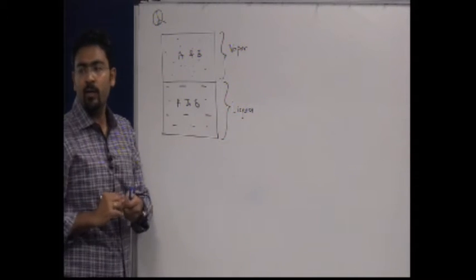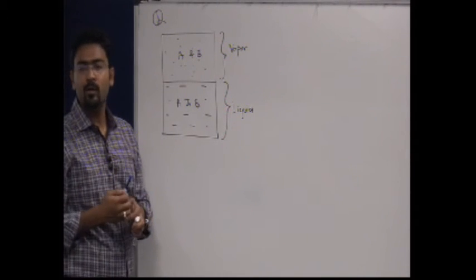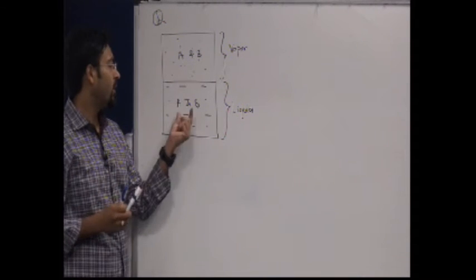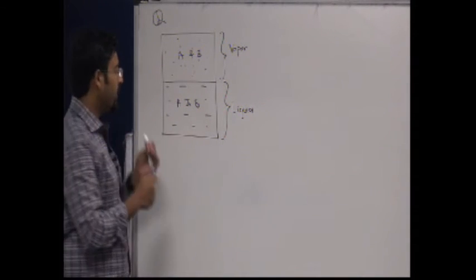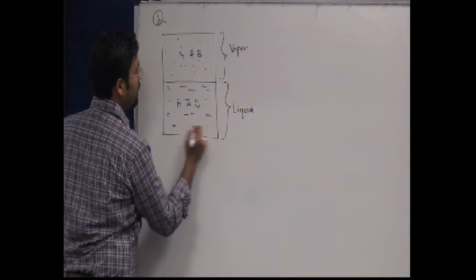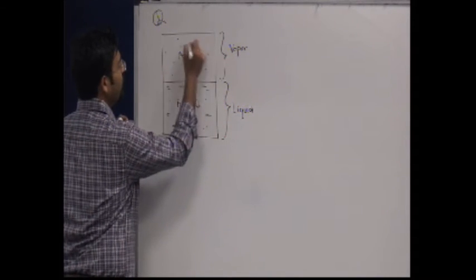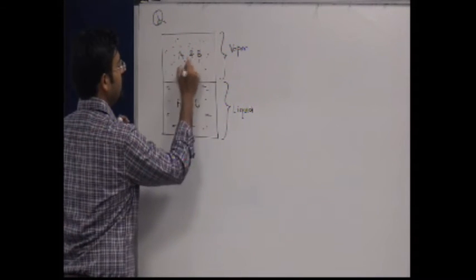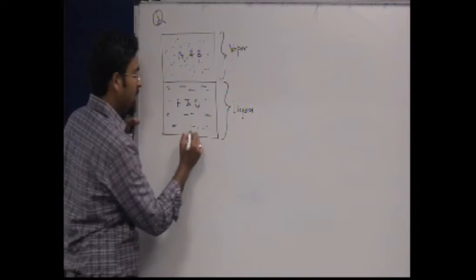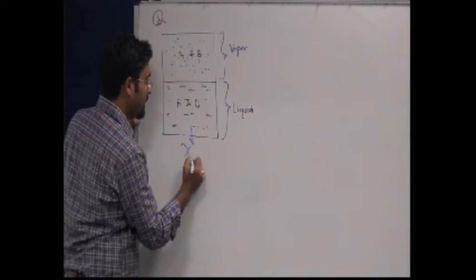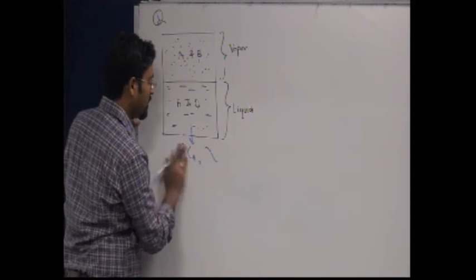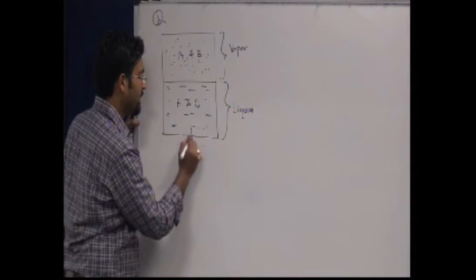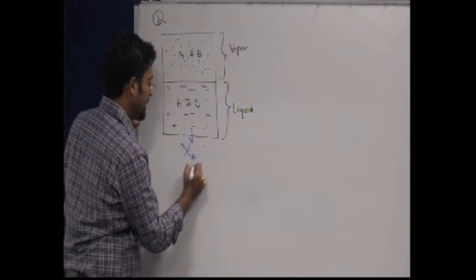So now you have a volatile solute mixed in a volatile solvent. So you have A and B mixed with each other. Here A and B are mixed in liquid state. They are mixed in vapor phase as well. Now the mole fraction of A and B is XA and XB. Forget about xi.